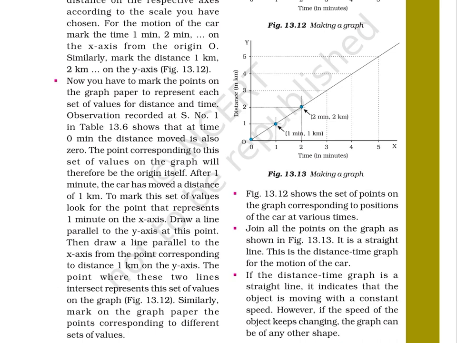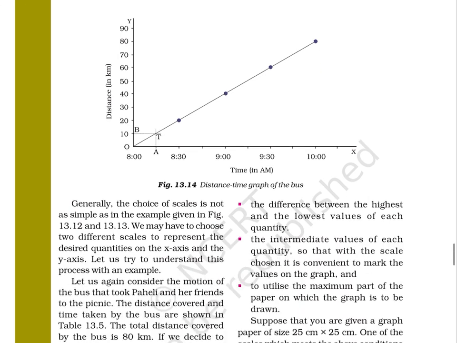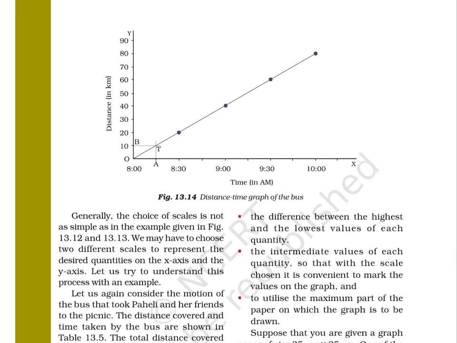Page 154. Figure 13.14. Distance time graph of the bus. In this figure, we have a graph with two axes. The x-axis represents time in AM. The y-axis represents distance in kilometer. The interval on y-axis is that of 10.